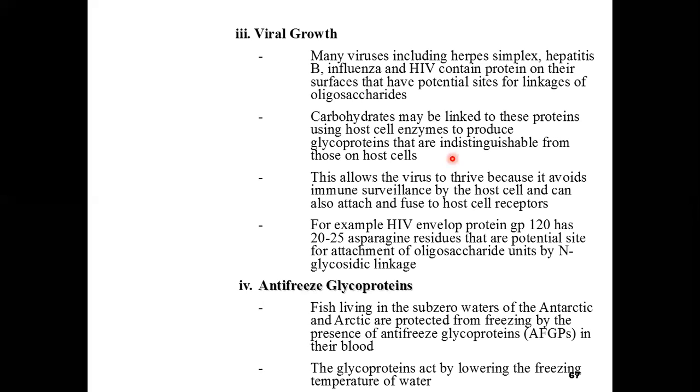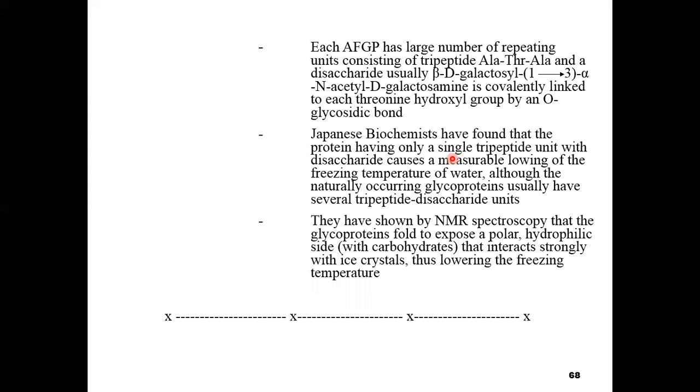Antifreeze glycoproteins. Fish living in the sub-zero waters of the Antarctic and Arctic are protected from freezing by the presence of antifreeze glycoproteins in their blood. The glycoproteins act by lowering the freezing temperature of the water.